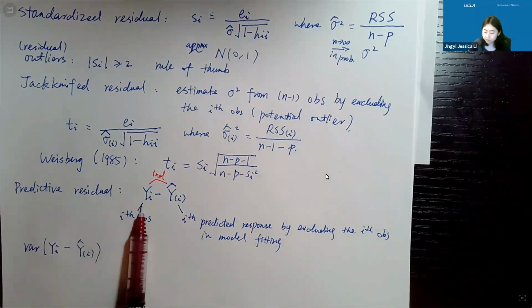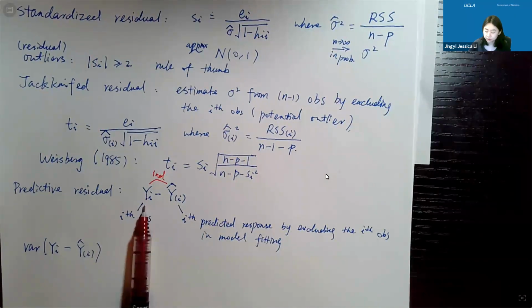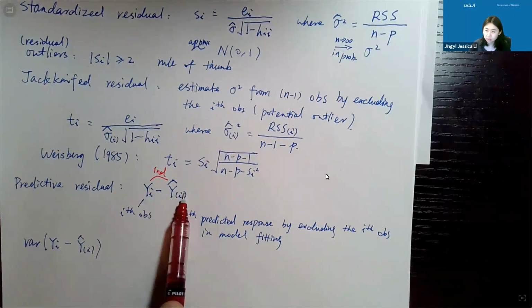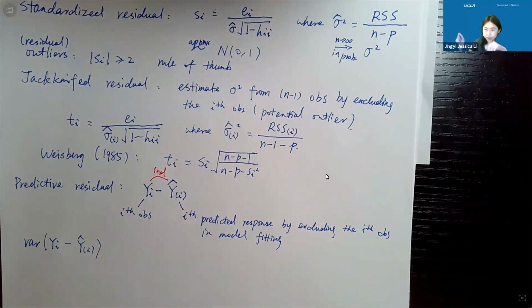Here, the randomness of y_i comes from epsilon_i. But since y_i is not used in the model fitting, the fitted parameters have no randomness related to i. Their randomness only comes from the other n-1 observations.